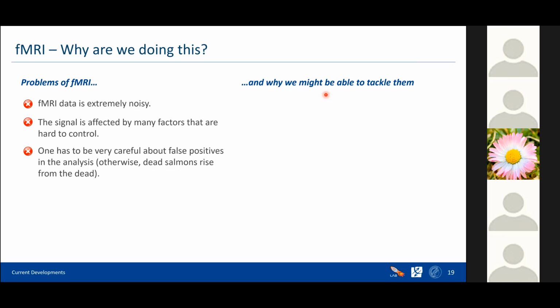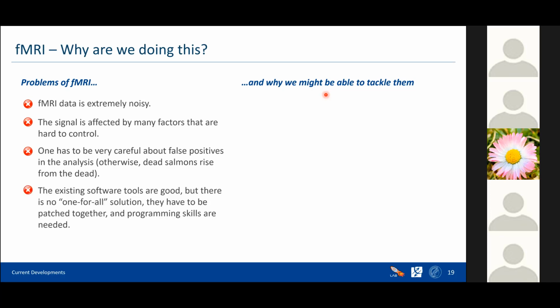So one has to think about this, and actually in the community, this was not treated very well. It became much better now, but still the analysis is mathematically very complicated, and one really has to know what he or she is doing.